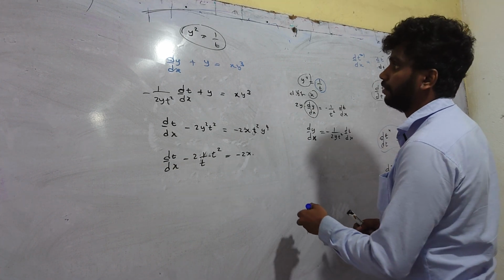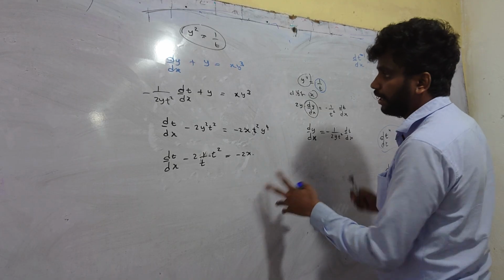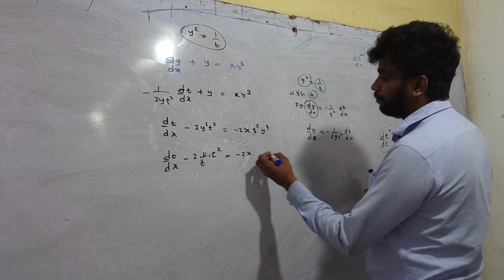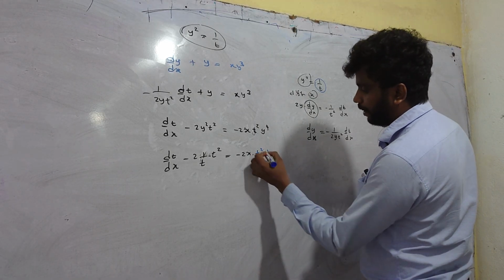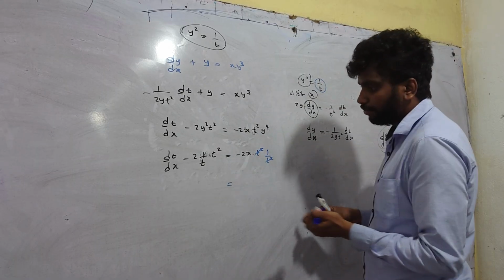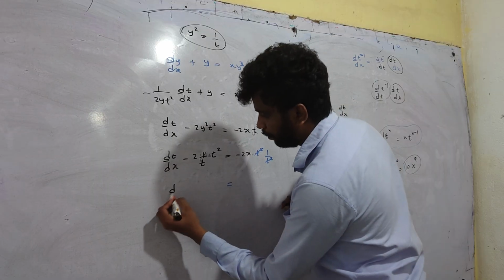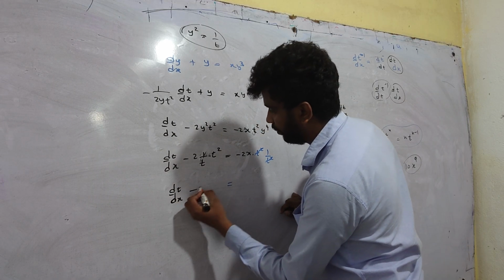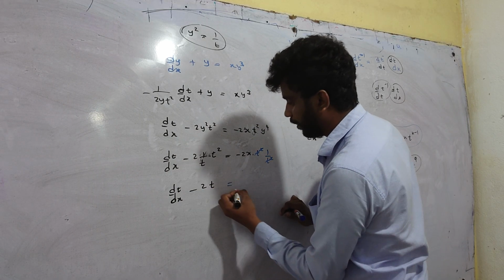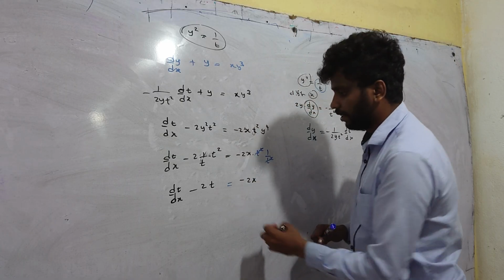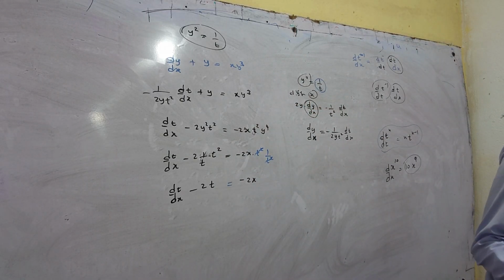Then y to the power 4, we have to eliminate this y. Y to the power 4 over t squared, this is cancelled off. Now we can reduce that up to this format, minus 2x. You got that, right? This is the transformation.